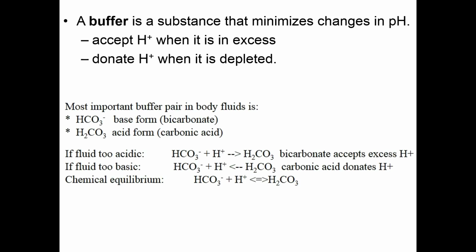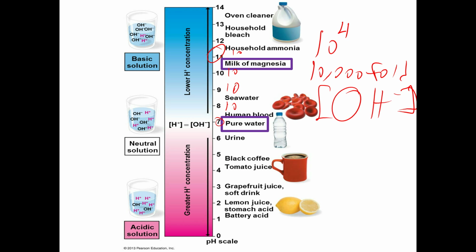There's a certain parameter for the amount of acid or base. So the pH needs to be within a certain range. If you go back and look at human blood, it's slightly alkaline, but just slightly so.